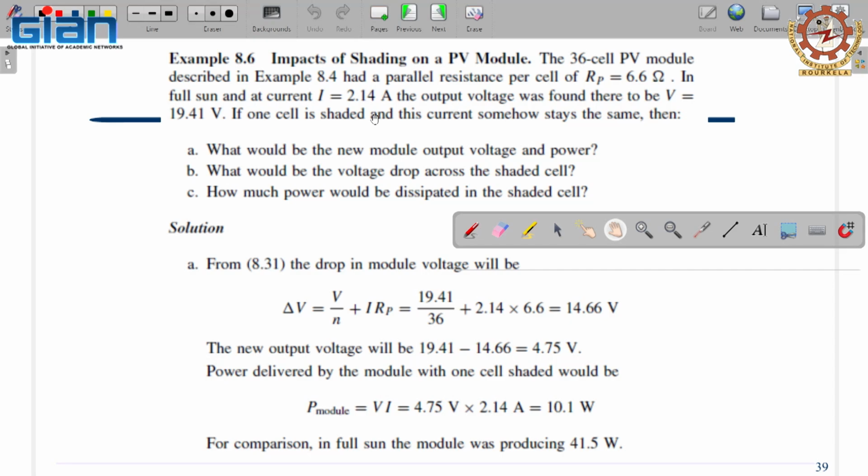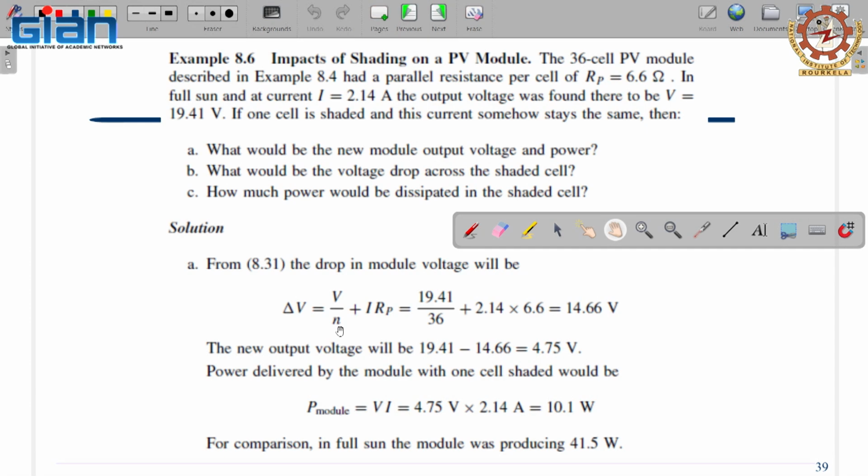The voltage was 19.41. If one of the cells is shaded, even assuming that the current remains the same, what will be the new module output voltage and power? What would be the voltage across the shaded cell? How much power will be dissipated in the solar cell?